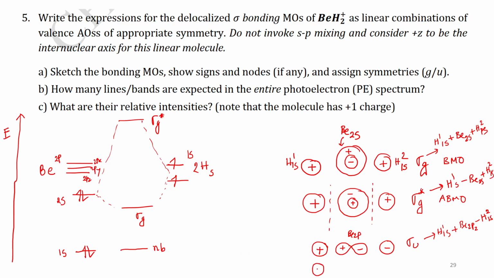And if it is plus, minus, plus, it is going to be sigma u anti-bonding, anti-bonding because the number of nodes is higher in this case, right?